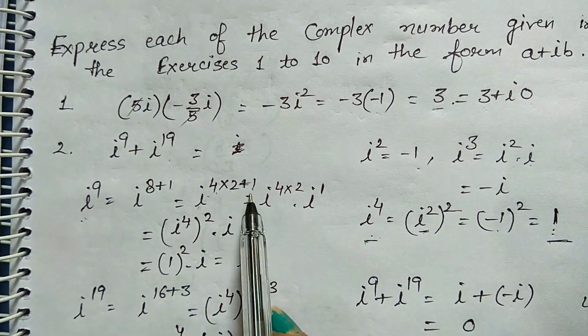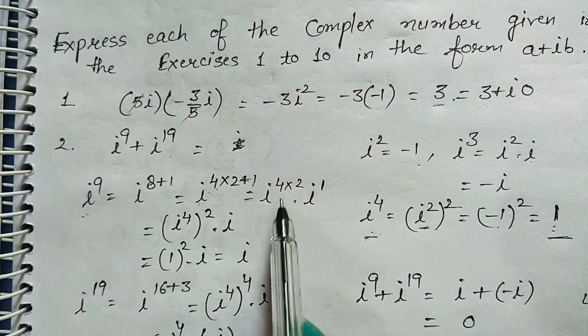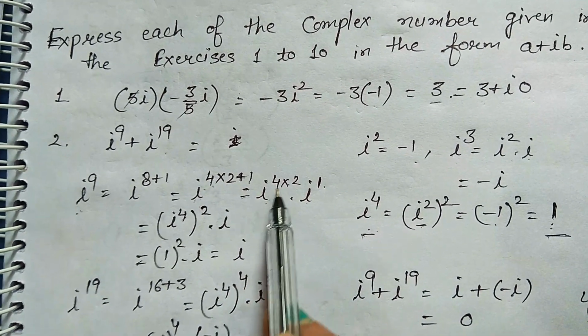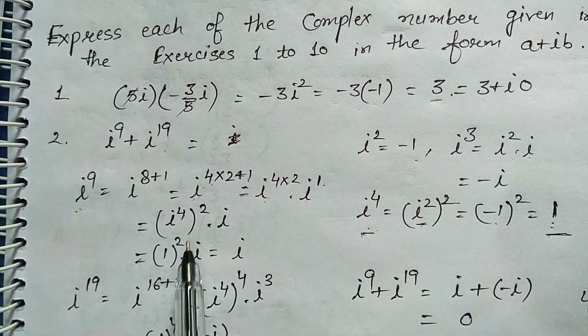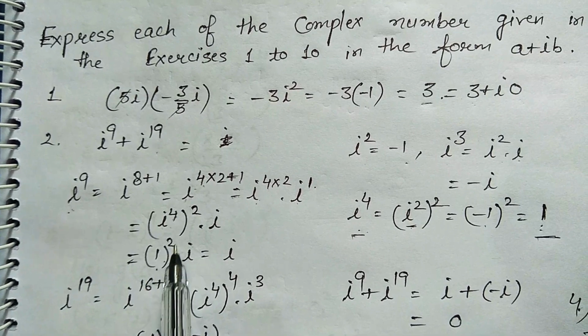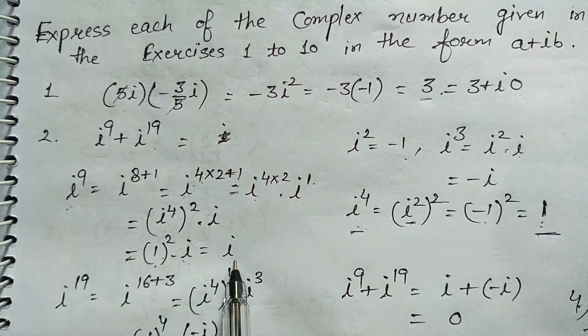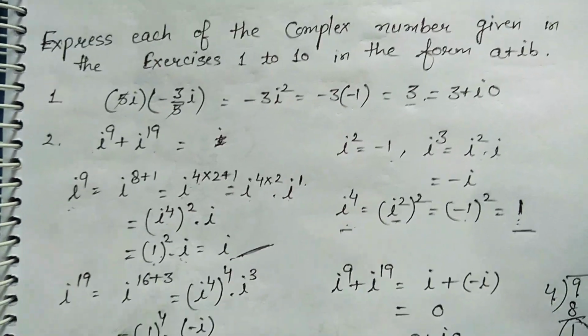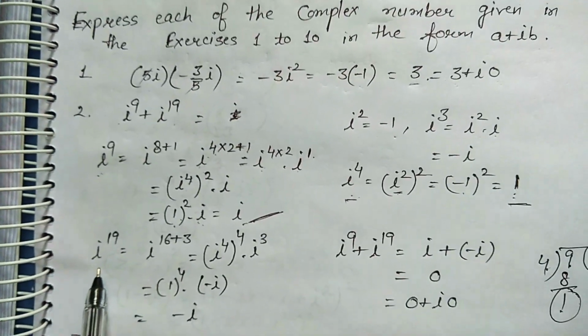By the exponent law, a raised to m plus n is equal to a raised to m into a raised to n. And we can write this as iota 4 whole square. And what is iota 4? 1. 1 square is 1. 1 into iota is iota. So what is the value of iota power 9? It is iota.